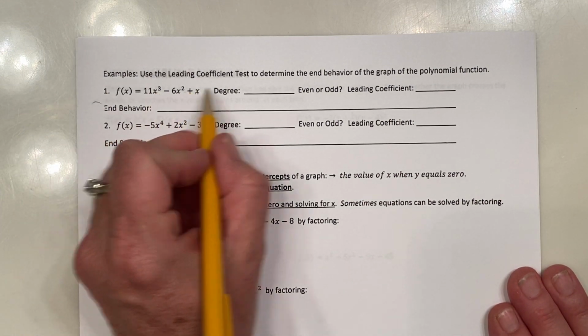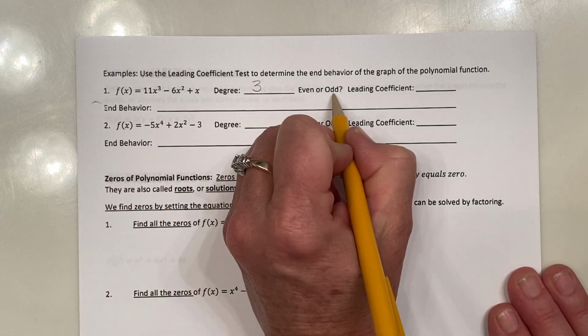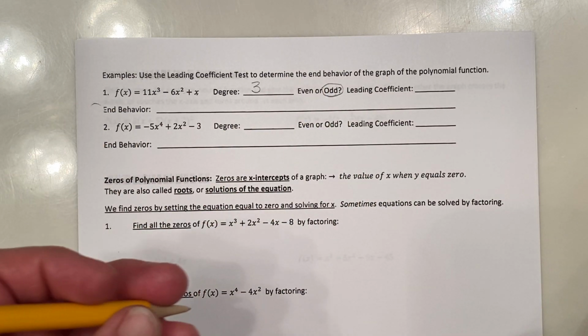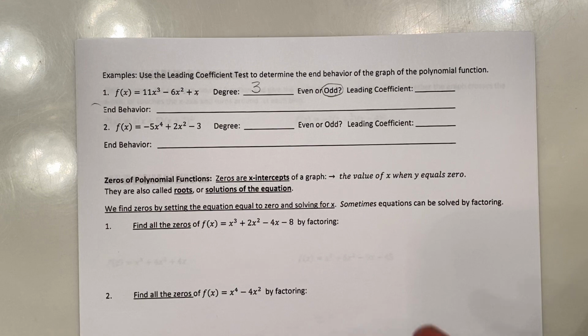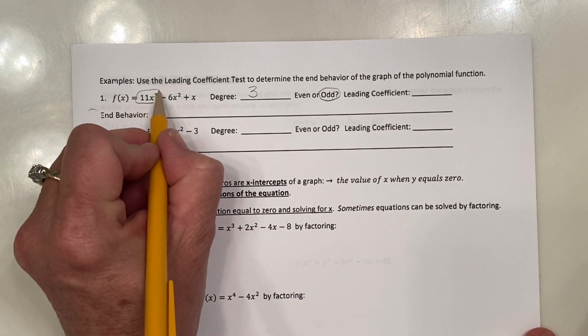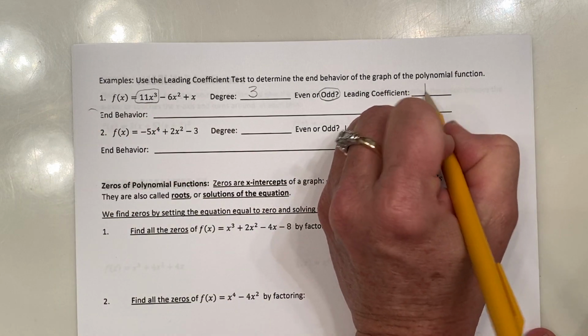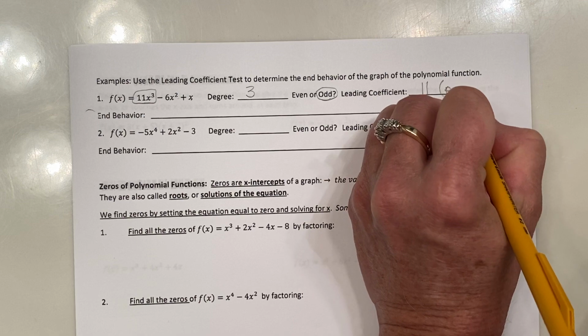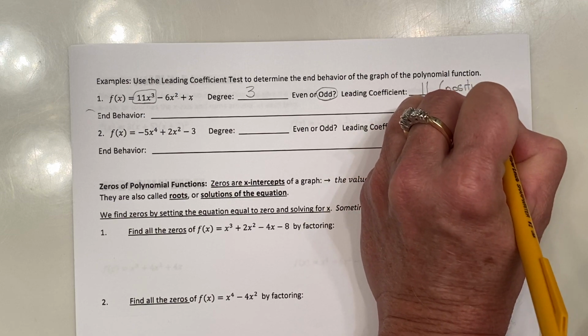All right, well, the degree here is 3. It's odd. So that means that the opposite ends, the ends of the graph on the left and the right, are going in an opposite direction. What's the lead coefficient? Well, the lead term is 11x cubed, but 11, the positive number, is what's going to tell me how I'm going to draw that graph at its ends.